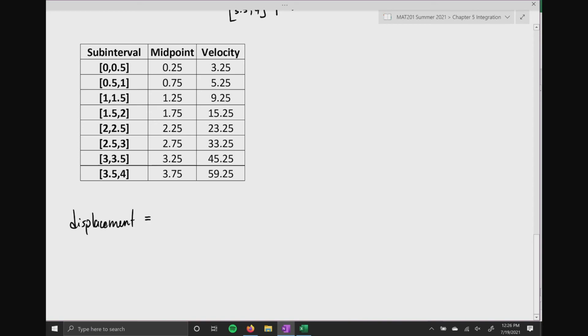So what we're going to have to do is do every single rectangle and find v of 0.25 and multiply it by 0.5, which is our delta x, and then v of 0.75 times delta x again, which is 0.5, and we do this all the way up to v of 3.75 times 0.5, which is our delta x again.